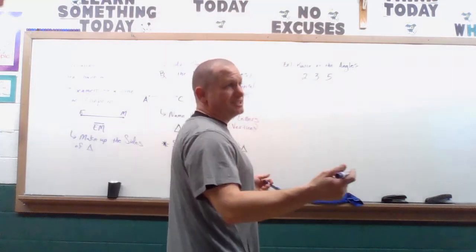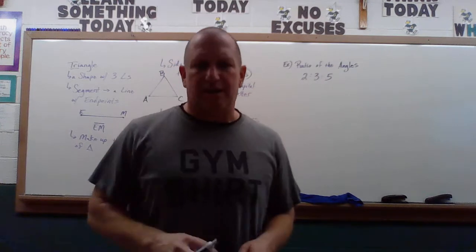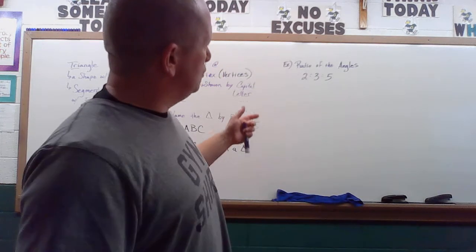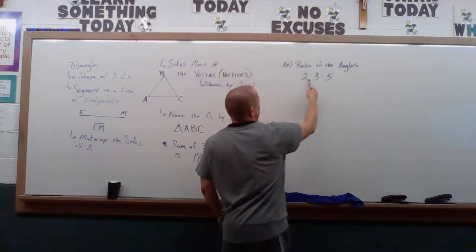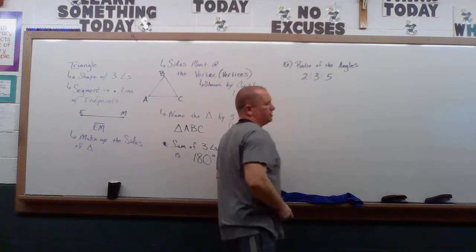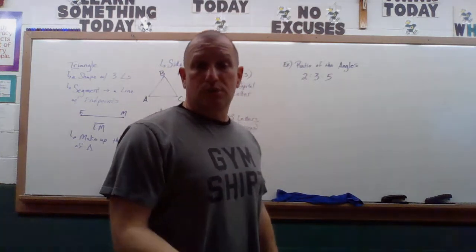So they're not going to be drawn to scale. So if they give us these 3 numbers right here, they're showing us ratios. Remember, a ratio is just a fraction, but this is a different way of showing a ratio. You could use a semicolon, or you could use a colon, or you could use the word "to."